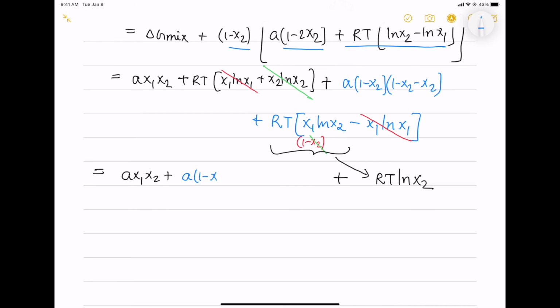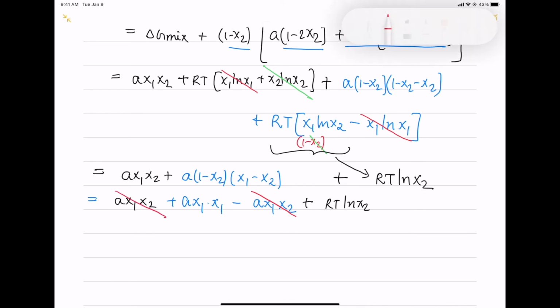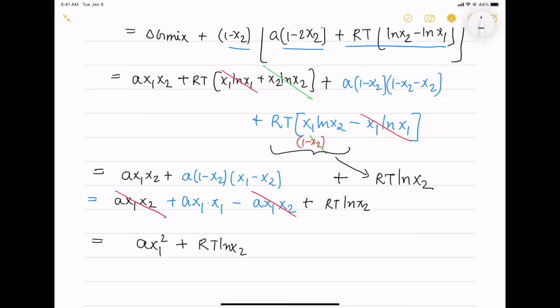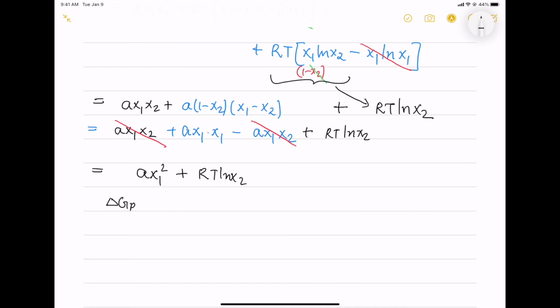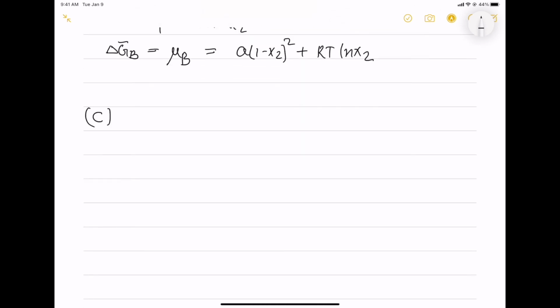Now we try to expand this formula. So we are left with A x1 squared plus RT ln x2. So that is the partial of delta G with respect to n_B, that is the chemical potential of B.